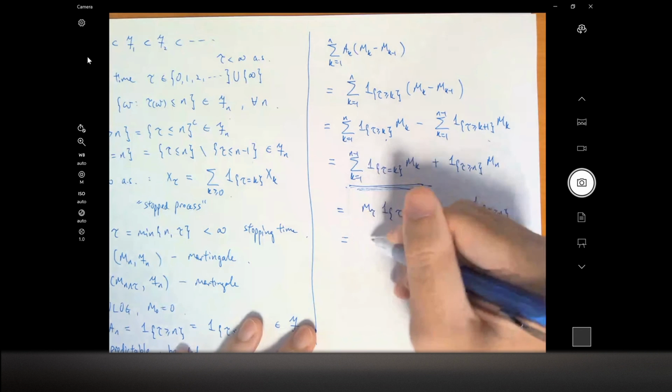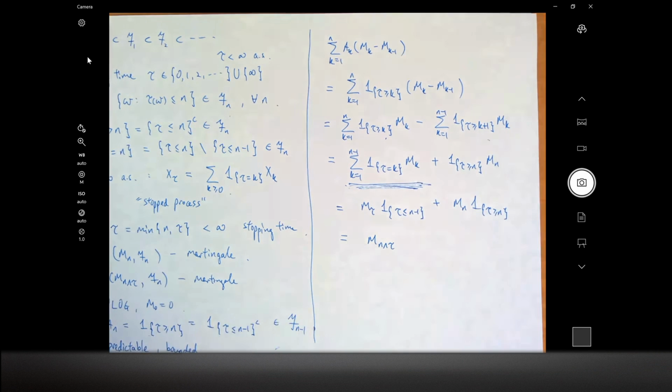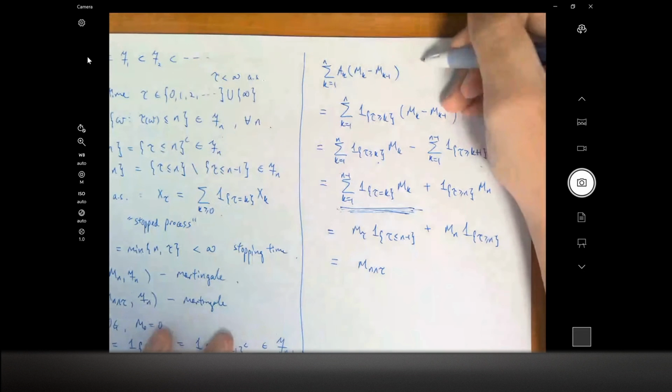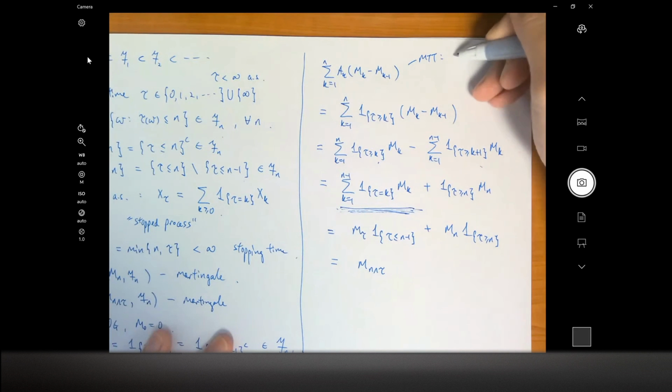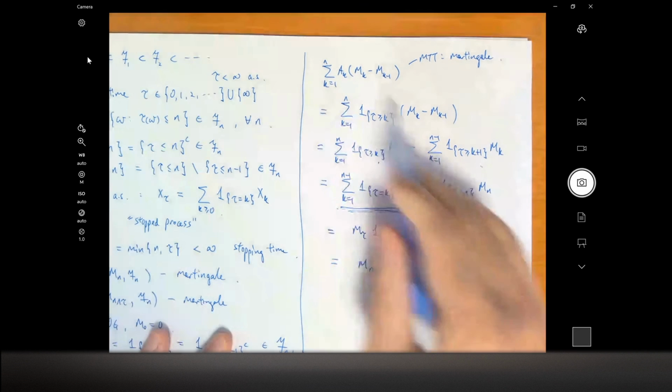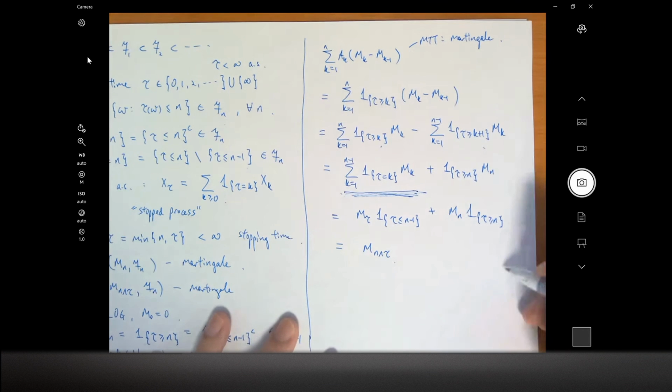So my definition, this is just m at the minimum of n and tau. So we have just proven, from the martingale transform theorem, that this is a martingale. And we have just proven that this martingale transform is nothing but m at minimum of n and tau. Okay? So that's why this is a martingale.